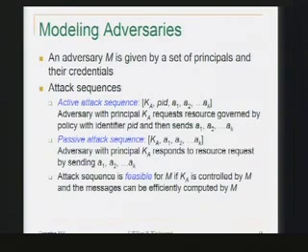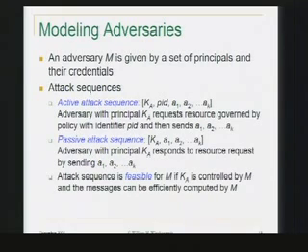What can adversaries do? Well, we model them as sets of principals and their credentials, so they may be able to collude. Multiple principals may be colluding. And what we assume an attacker can do is to issue an attack sequence consisting of a sequence of K messages.